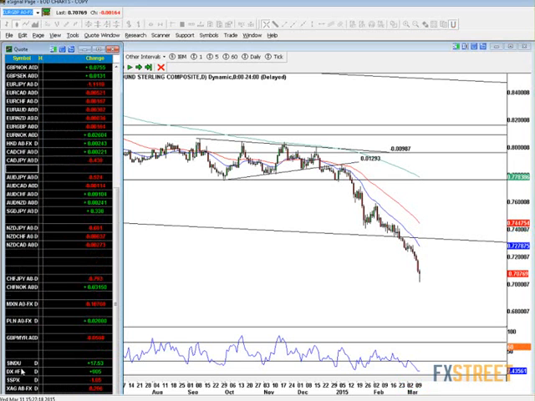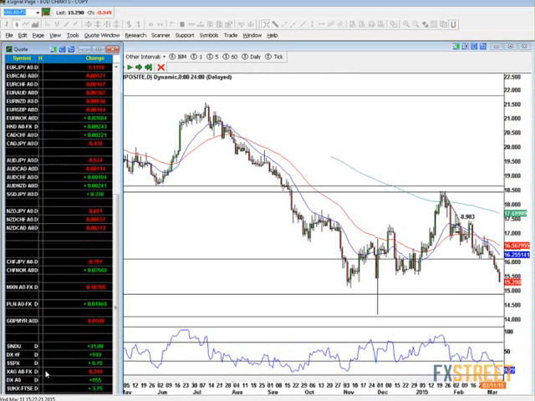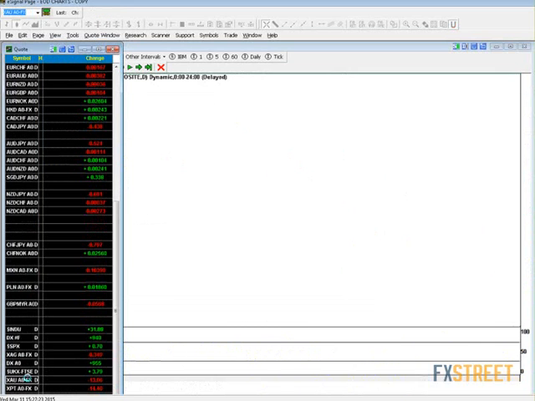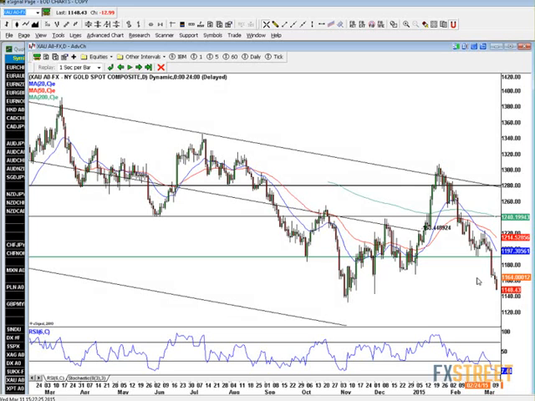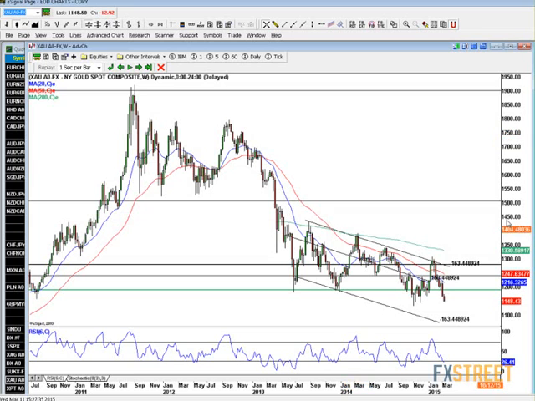But I do want to talk to you a little bit about gold, because this is something which is slightly more relevant, and you could potentially see an opportunity here sooner than you would something like euro, which is grossly overextended. If we look on the weekly here, there we go.